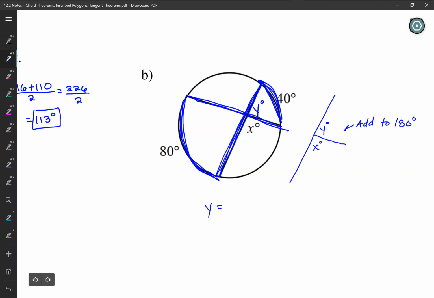So y is going to be 80 plus 40 divided by 2, which is 120 divided by 2, which is 60 degrees.